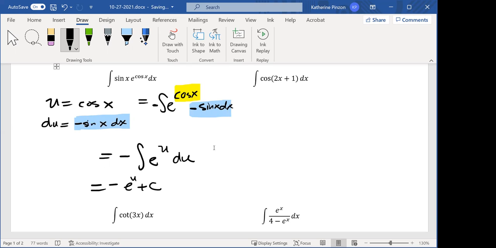Okay, I started with x's, I should end with x's. So what do I have to do? Plug in. What goes in here for you? Cosine x. Okay, so negative e to the cosine x plus c.